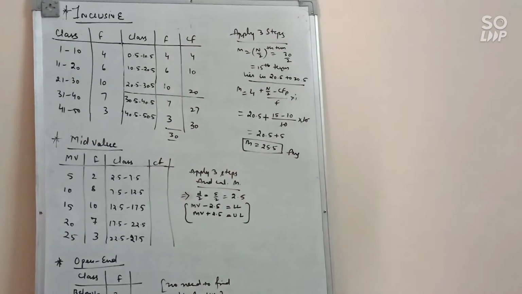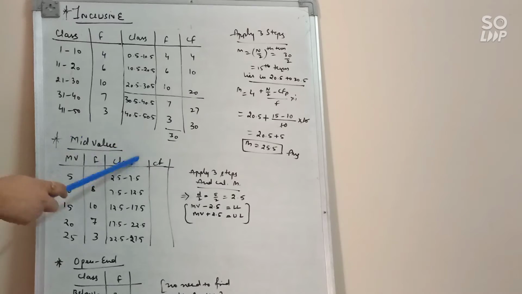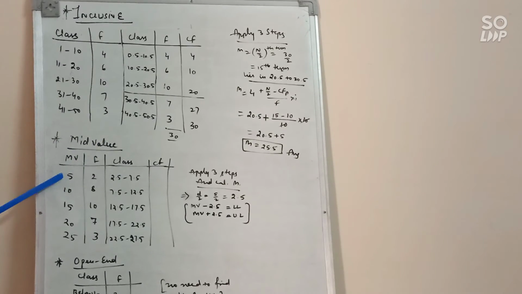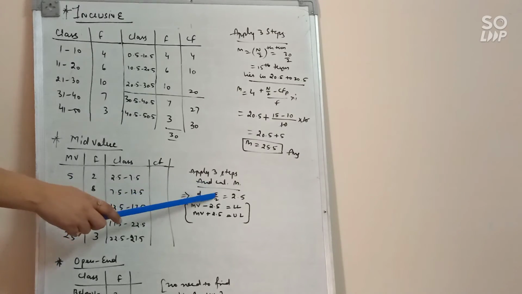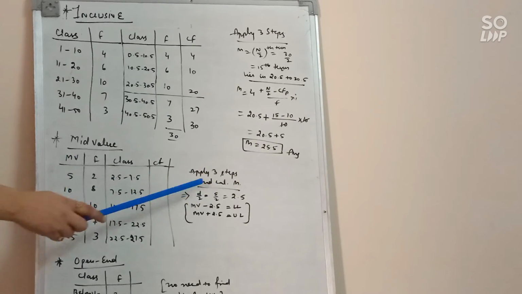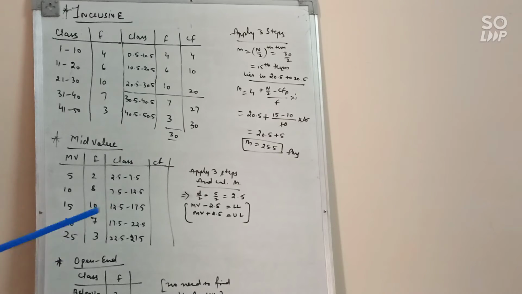Clear? So let's see how to convert mid value into classes. So first take the difference. We have already discussed this in the previous chapter, how to convert into the classes. So mid values 5, 10, 15 are given. So you can see the difference. Difference is 5. 5 divided by 2, we have 2.5. Now this 2.5, one time you will deduct from 5, one time you will add it.